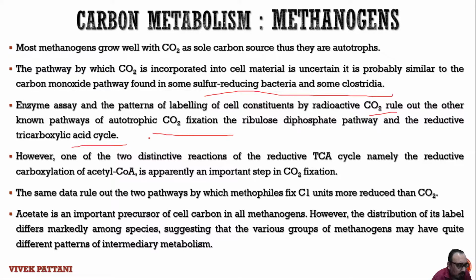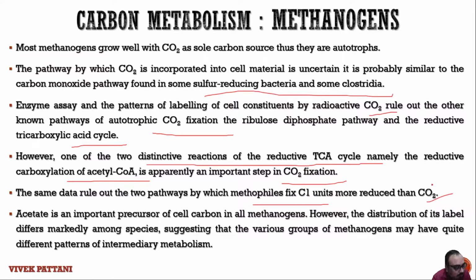However, one of the two distinctive reactions of the reductive TCA cycle, namely the reductive carboxylation of acetyl-CoA, is an important step in the fixation of carbon dioxide. And the same data rule out the two pathways by which methylotrophs use C1 units reduced to carbon dioxide.